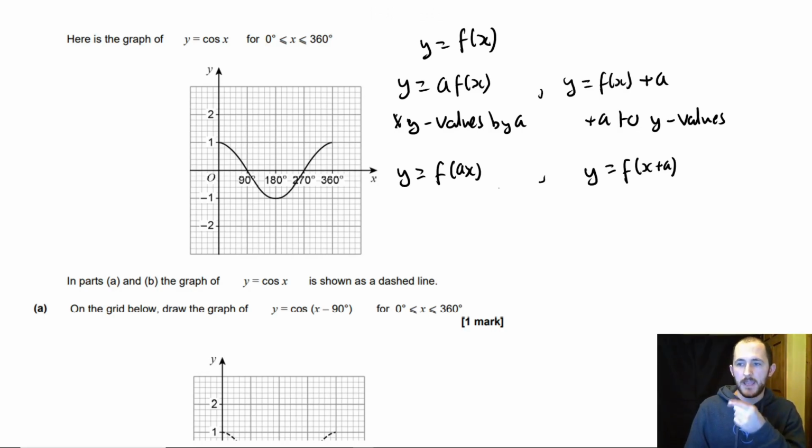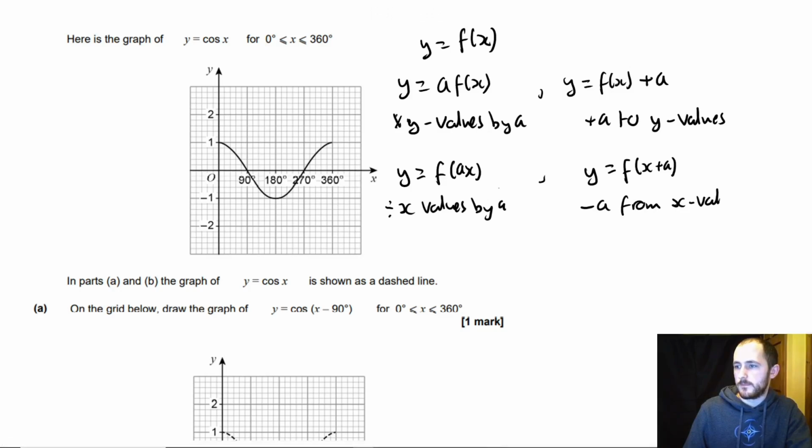So here we have a times x, so we're going to be dividing x values by a instead of timesing. And likewise here, instead of adding a to all of the x values, we're going to be taking away a from x values. Okay. Now, of course, this is where the difficult part happens, right? It's deciding whether or not it's inside the bracket or outside.